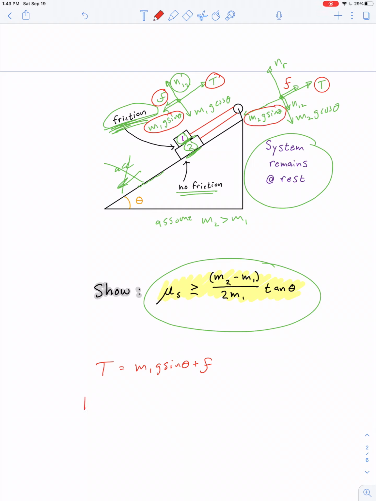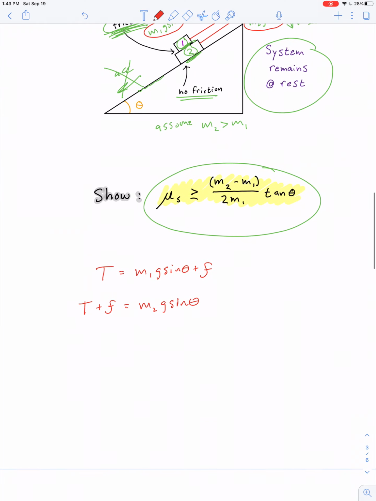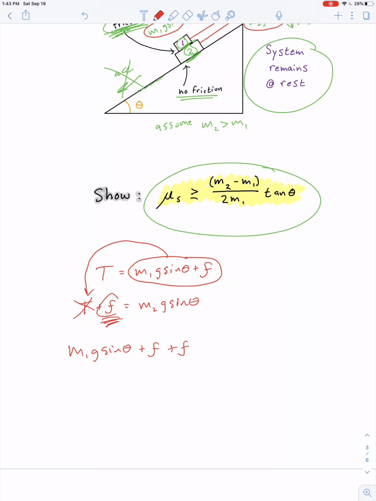So T plus F equals m2g sine theta. Okay, so we can substitute all of this for T in the second equation. So m1g sine theta plus F plus F is equal to m2g sine theta.